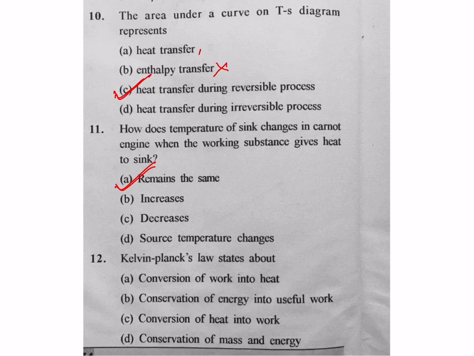Kelvin-Planck statement: conversion of heat into work. C is your correct answer. In this question, sink and source both have infinite heat capacity.